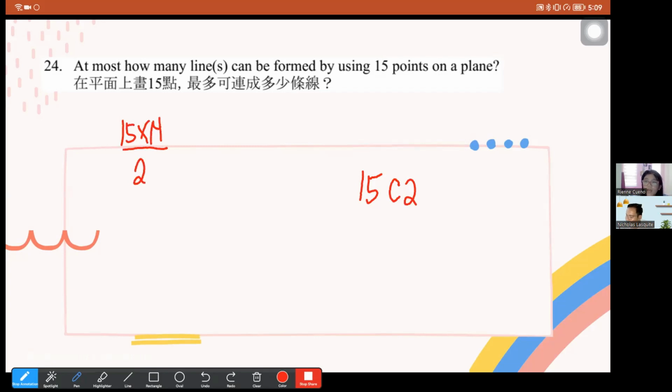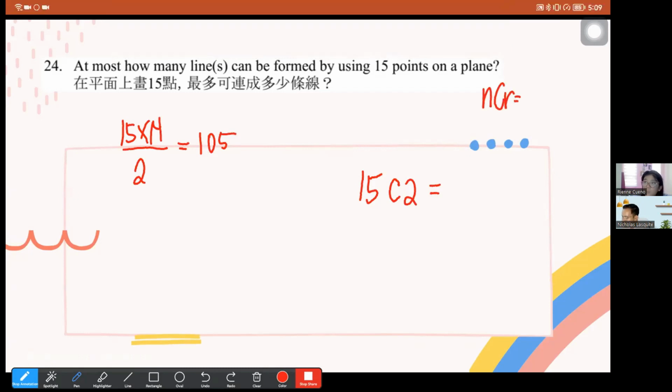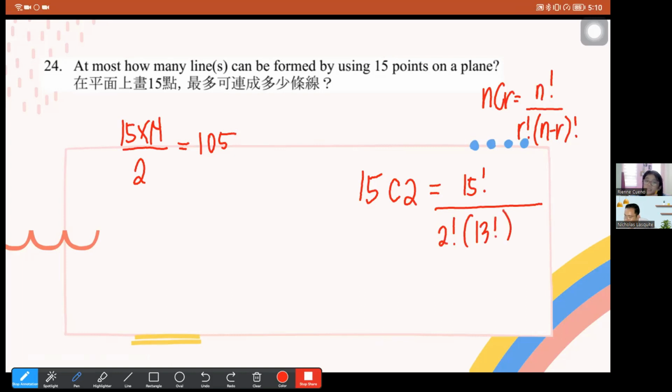So why is that the correct solution? This one is equal to 105, right? If you have n choose r, that would be equal to n factorial over r factorial times n minus r factorial. The value of n here is 15, so we have 15 factorial over r factorial, which is 2 factorial, and n minus r is 13 factorial, right?